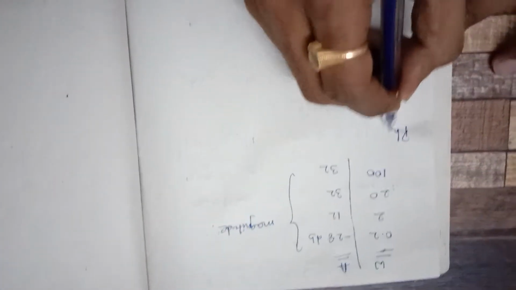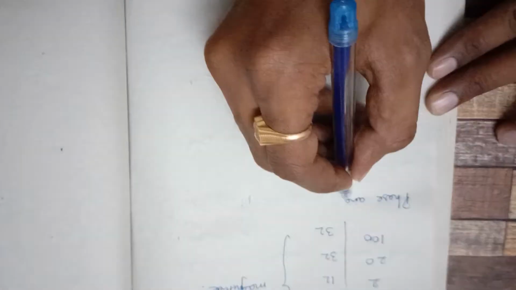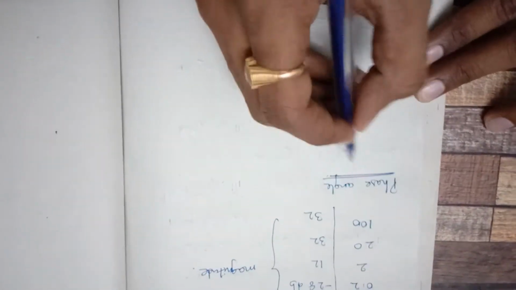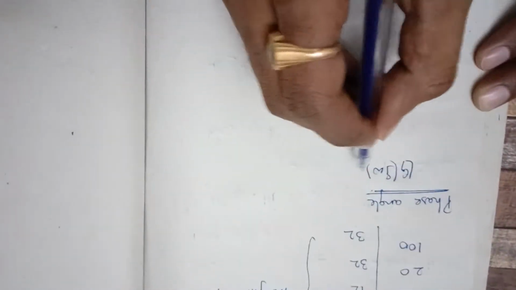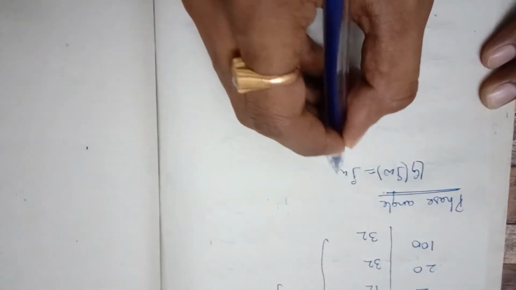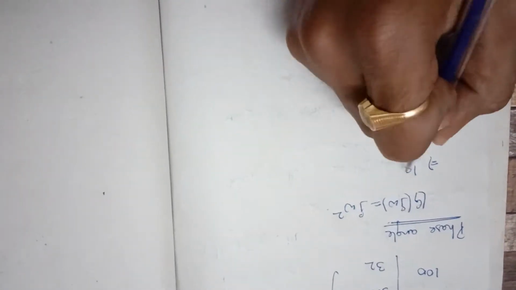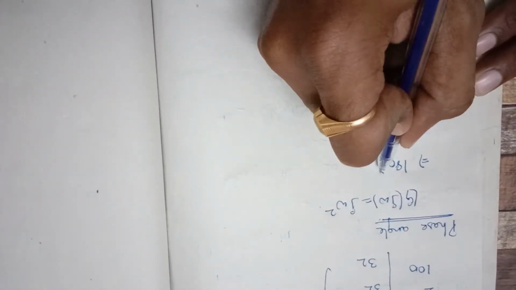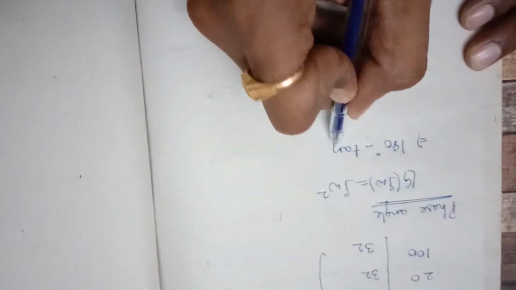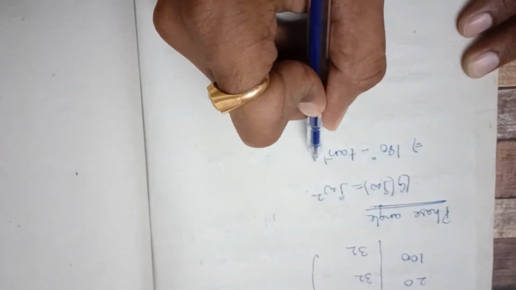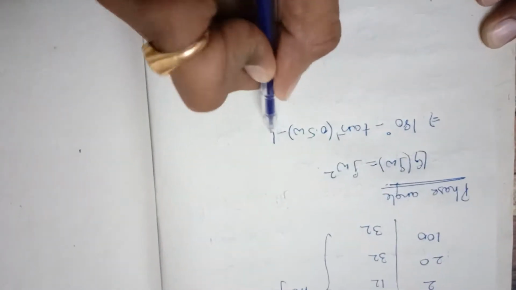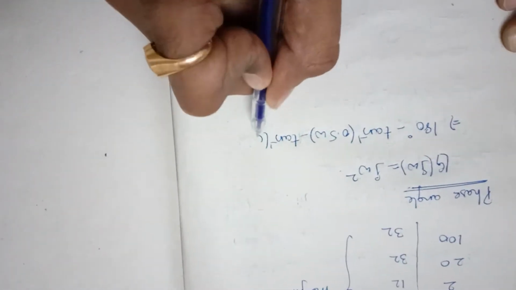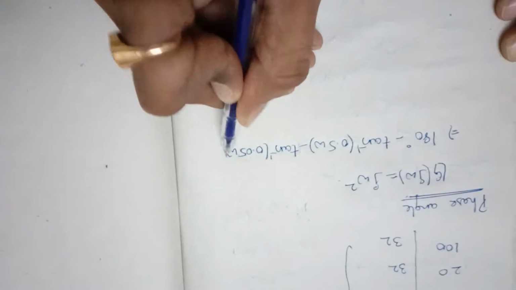Magnitude. Now let us find the phase angle. Phase of G of j omega is nothing but (j omega) square from the question. So remember formula, 180 minus tan inverse, what is omega in the question? 0.5 omega, and tan inverse of 0.05 omega.